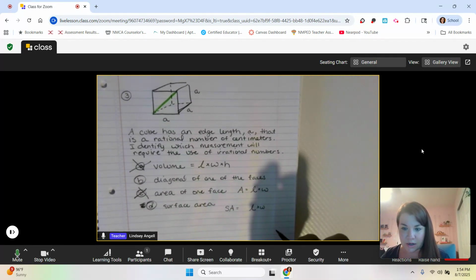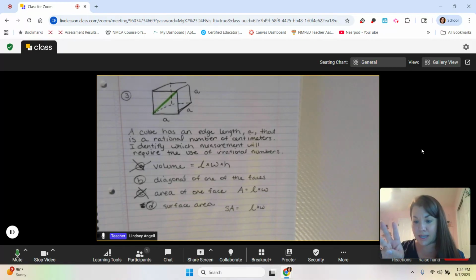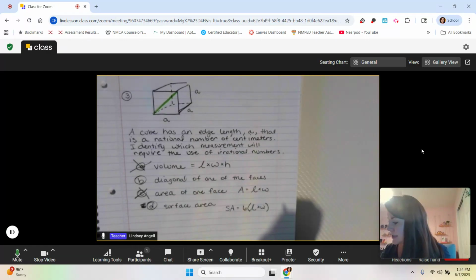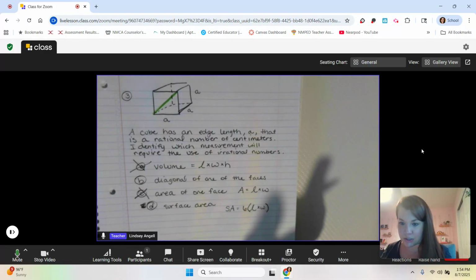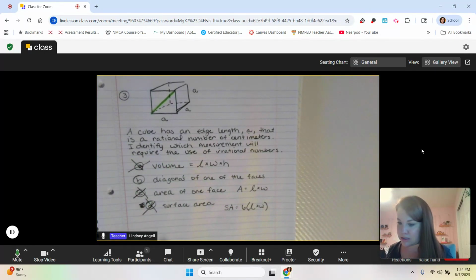How many faces are on a cube? Well, there's the front, there's the back, there's the right side, the left side, the top, and the bottom. 6 faces. So I could take this amount and multiply it by 6. Those are all rational numbers, okay? So that can't be the answer either. So that leaves us with our answer of B.